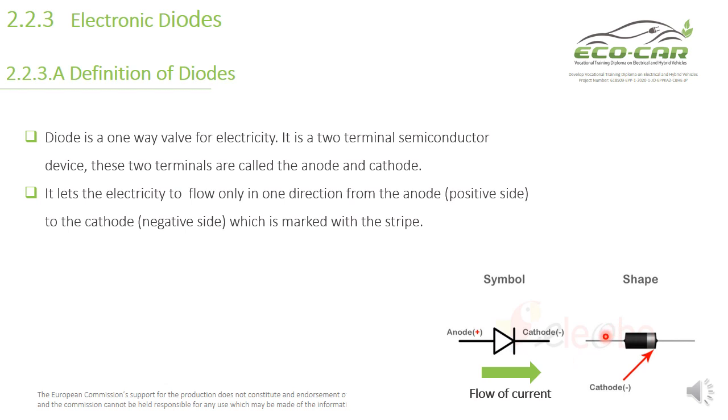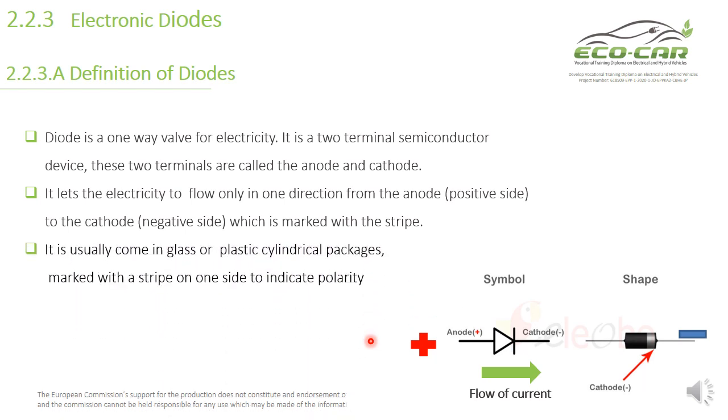But you see, this is like a valve or a switch. It permits the flow of current from this side, but it prevents the current from going to this side. So it looks like a switch: this side is closed, but on this side the switch is open, so there is no current.